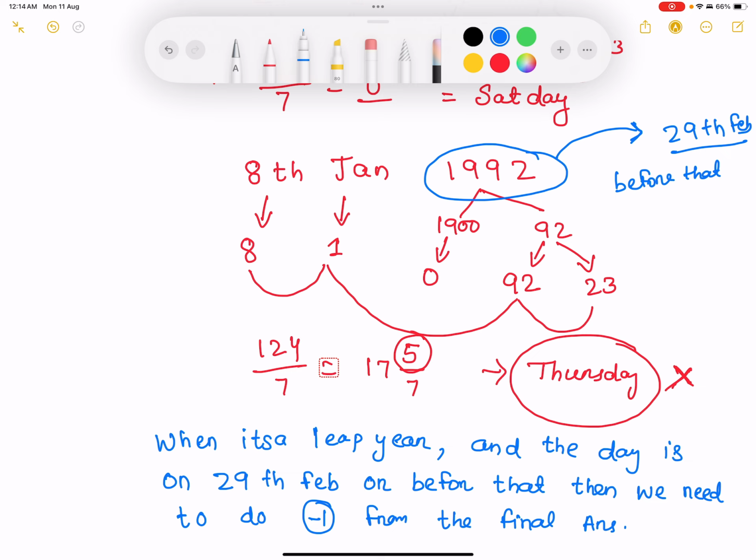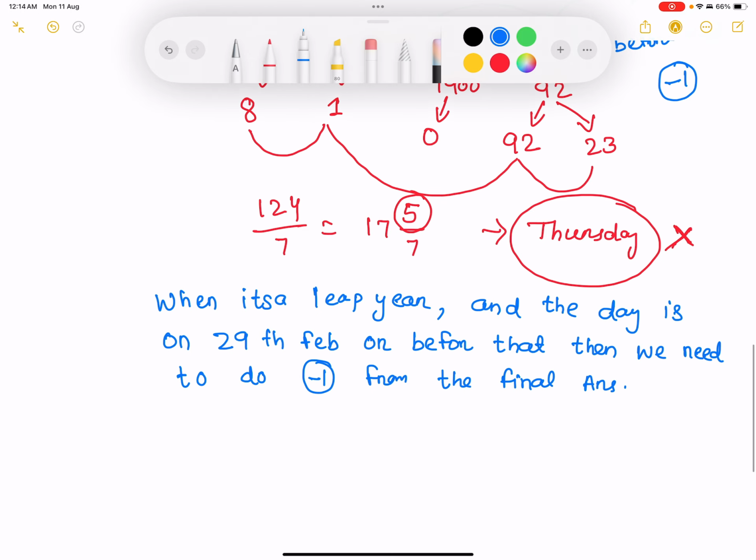So if we do the normal calculation, we will get a wrong result. So we have to do -1 to balance our calculation. If my date is on 29th Feb also, or before that, we need to do our normal calculation and we need to do -1.